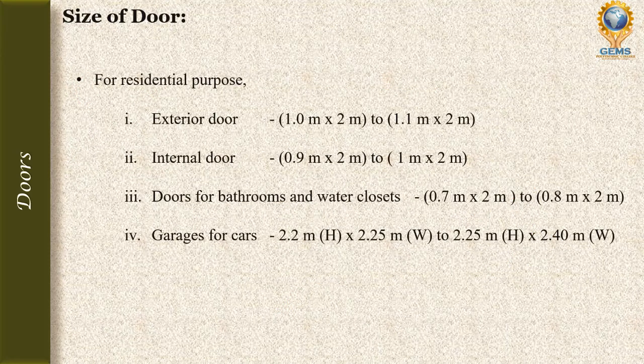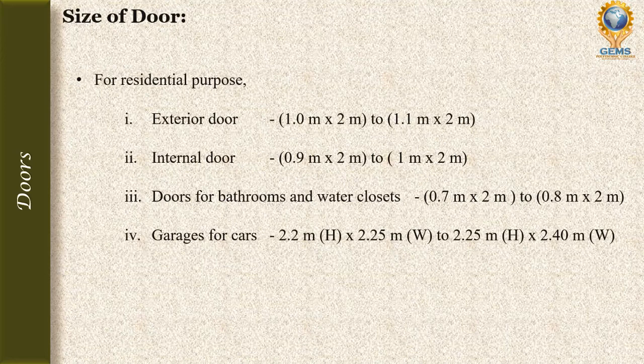So if you take the residential purpose, what are the common sizes we can use for the doors? If you are taking exterior doors, exterior door means the door will come outside of the building, like main doors.